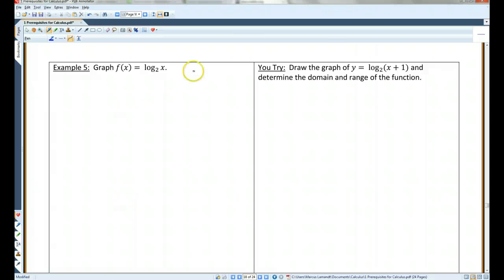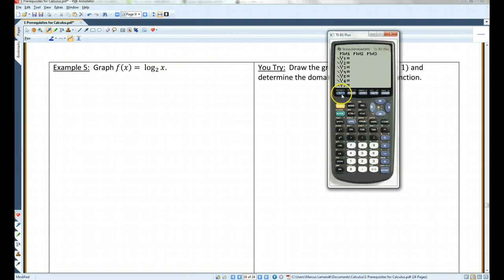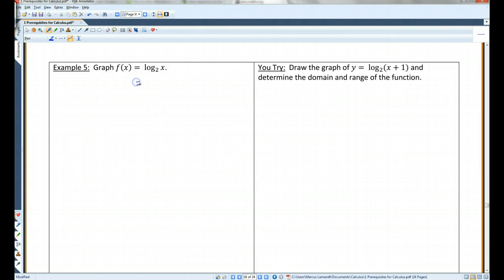Alright, graph f of x equals log base 2. Alright, let's get the calculator out. Alright, let me write this down first. You can't do a log base 2, so what I'm going to do is change of base it. This is ln of x over ln of 2. This we can graph on a calculator, so let's go ahead and do that.